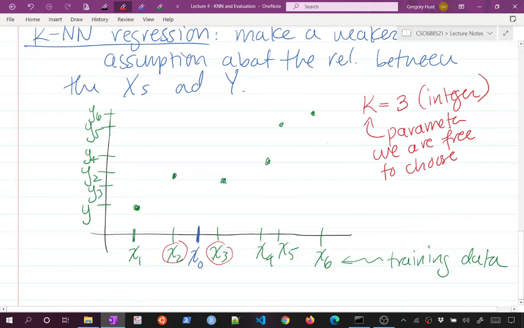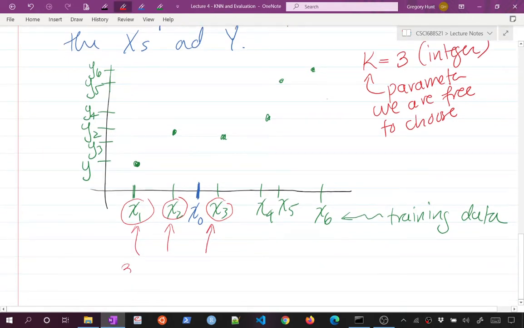Let's assume that x1 is closer to x naught than x4. So all I'm going to do is calculate the distance of x naught to all the other training data, x1, x2, x3, x4, x5, x6, and say, what are my k nearest neighbors? So these 3 points are my k equals 3 nearest neighbors.